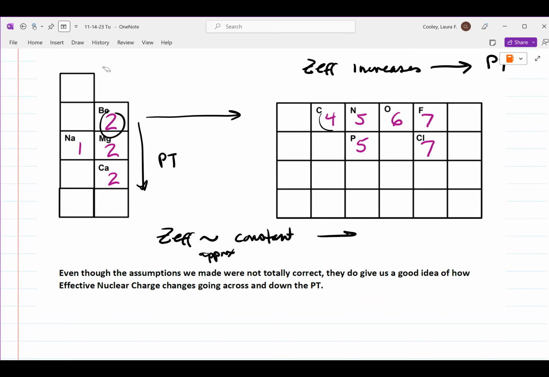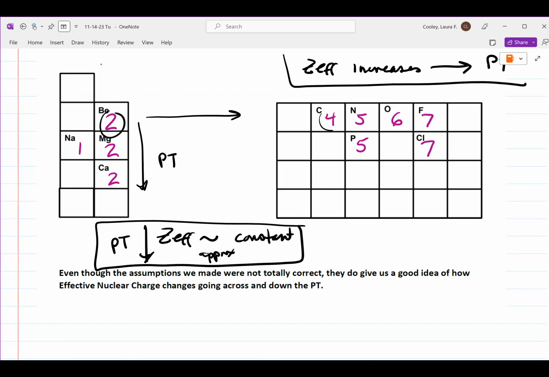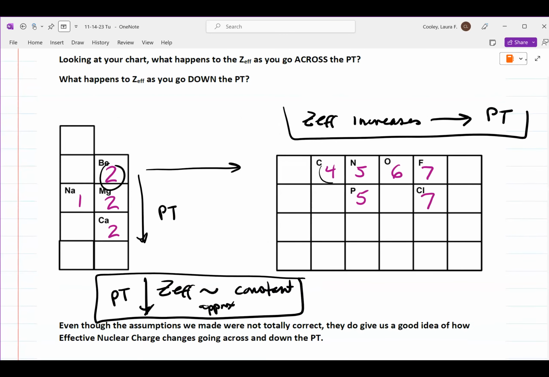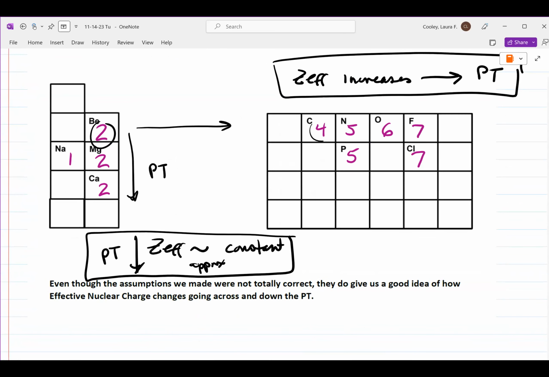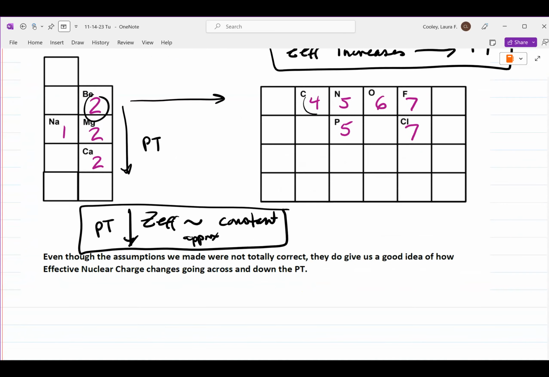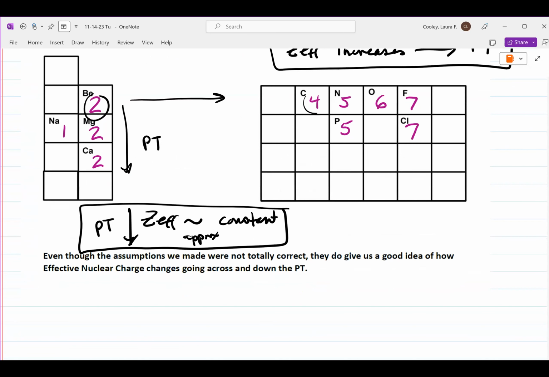So these are the two conclusions, and if you have these in your mind, then you can go pretty far in understanding periodic properties.